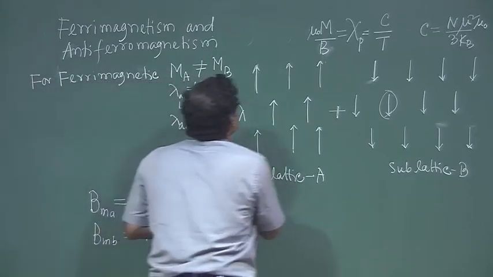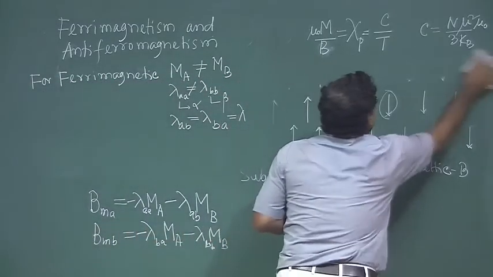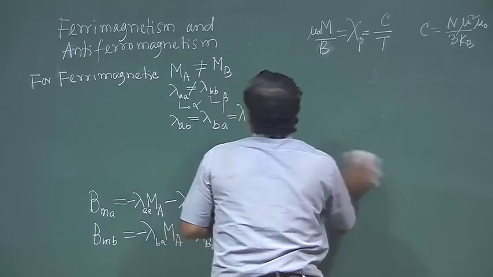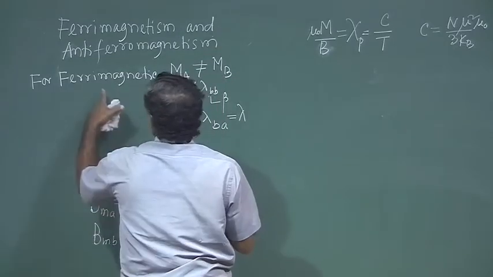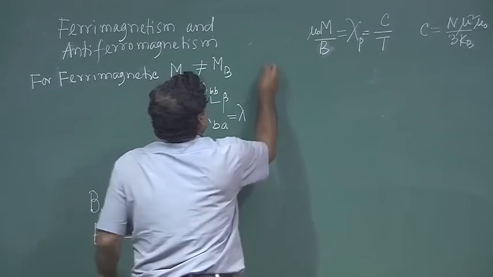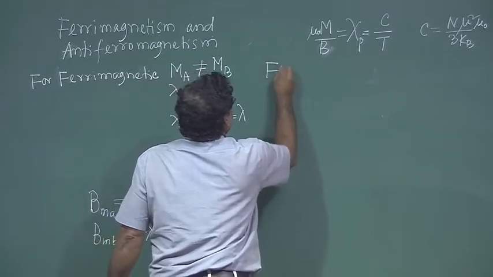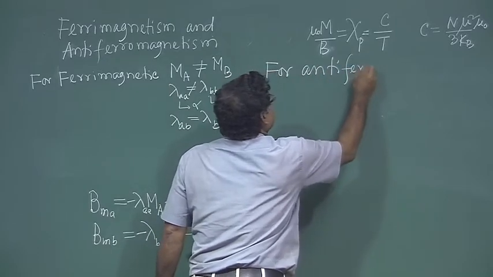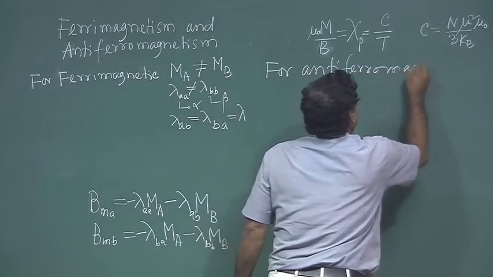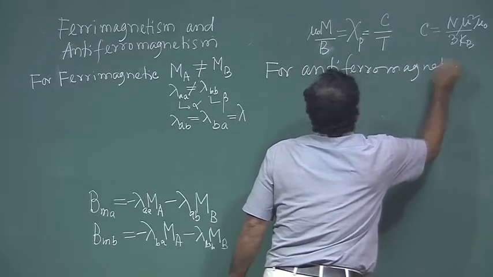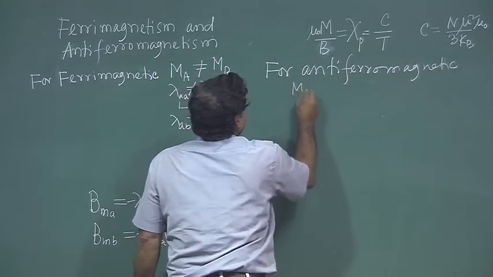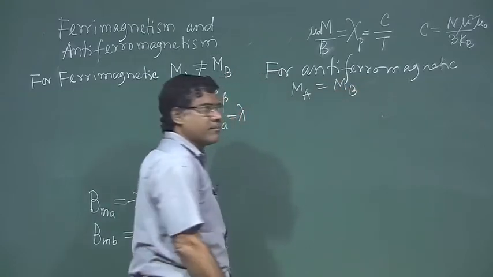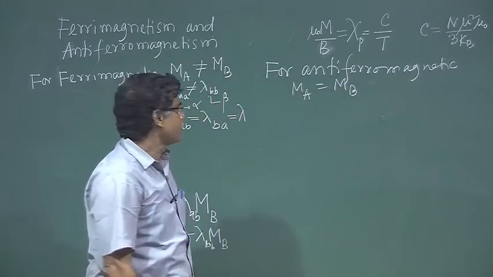So, this is for ferrimagnetic case, for antiferromagnetic, so M A will be equal to M B, right.